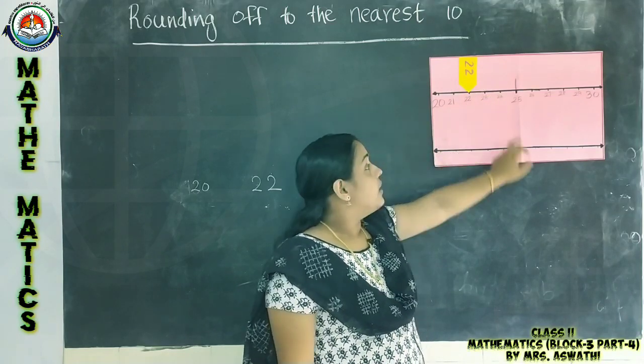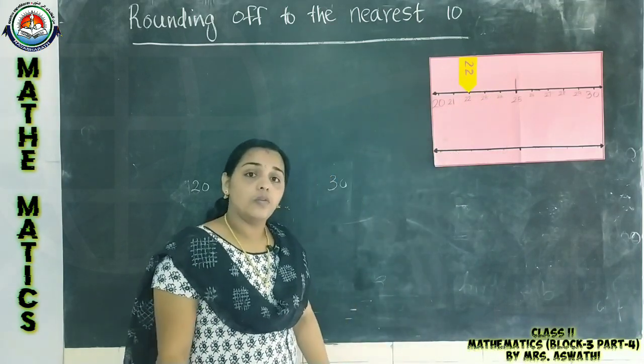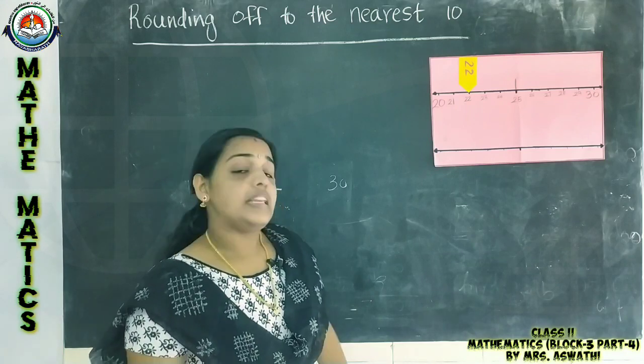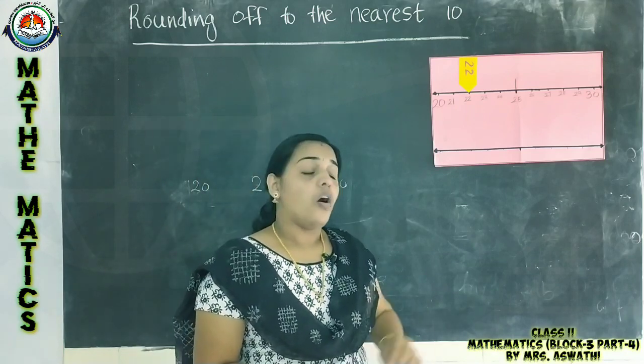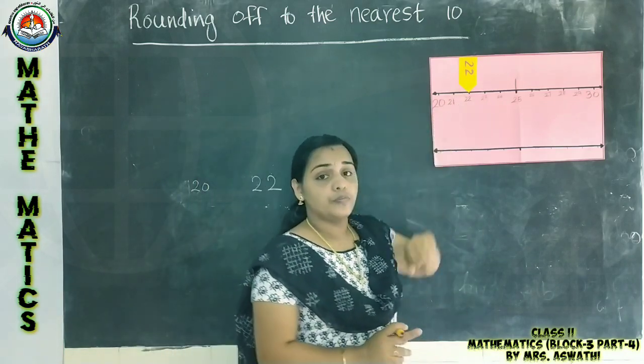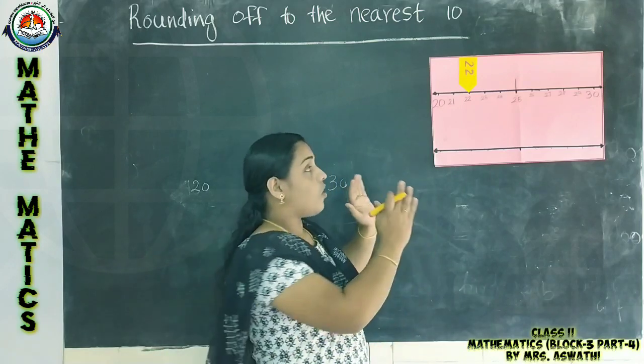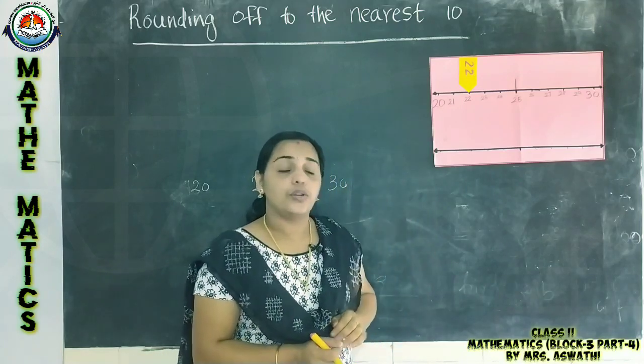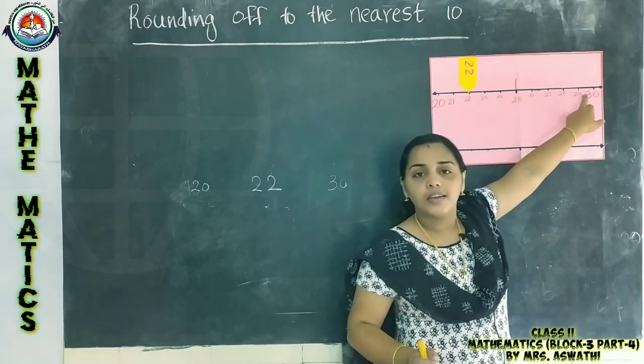Can you say now which is the nearest 10 to this number 22? Which 10 is closer to 22, 20 or 30?